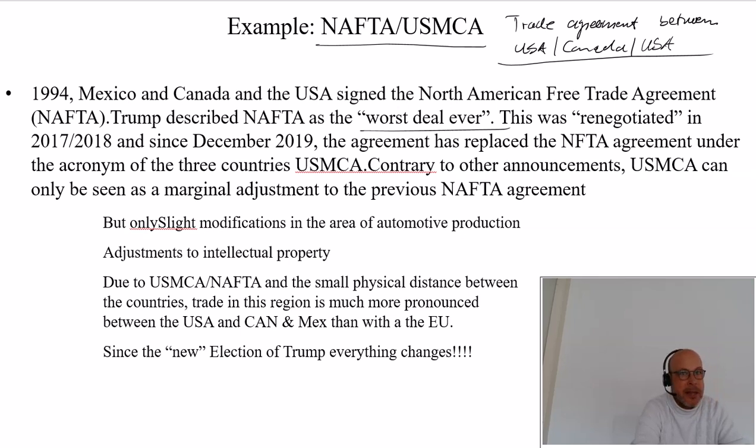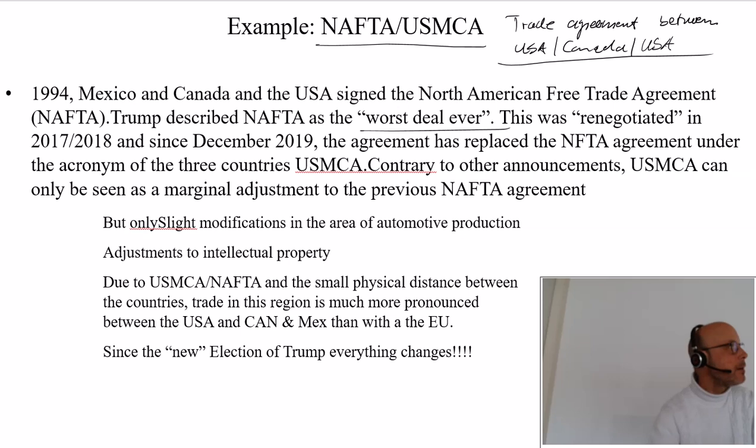Well, if you look at the data of the last 40 years since they had this trade agreement, forming so to speak for the whole of North America one trade union with low formalities, with almost no tariffs, then one can say that especially the United States have benefited from this trade agreement.